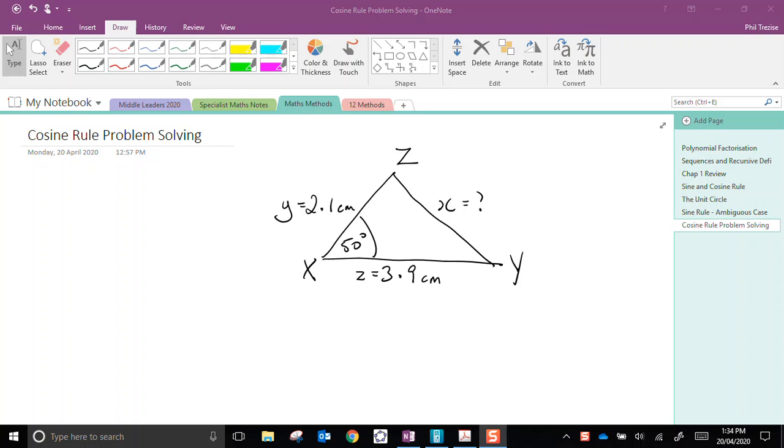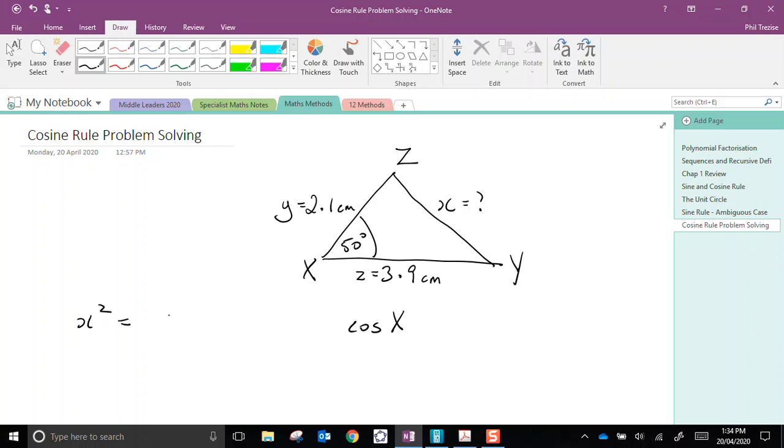So I'm going to choose the cosine rule for this one, because the angle we know is the included angle between the two sides that we know. I have to remember that if I want the cosine of x, then it's got to be x squared, little x squared at the start.